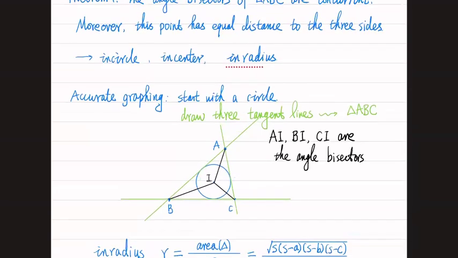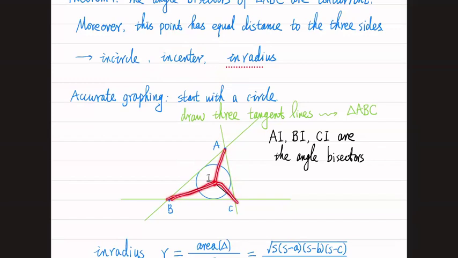Okay, this one, incenter. Could the incenter lines go outside of the triangle? According to our definition, this is the intersection of the angle bisectors.